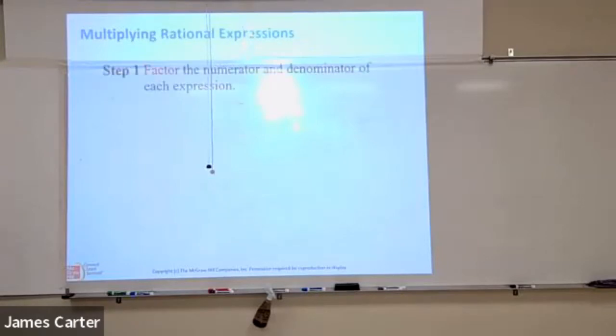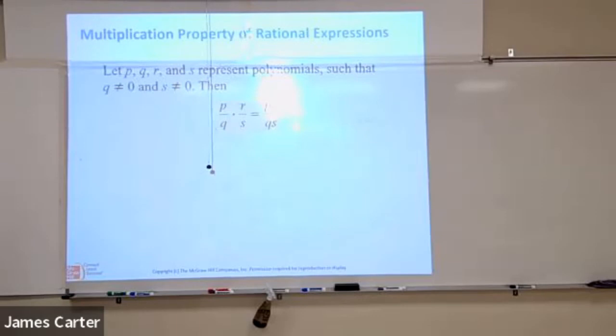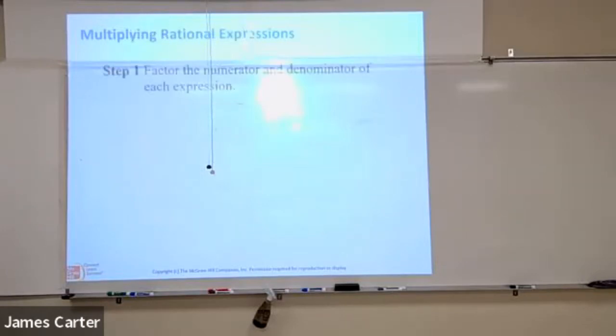Well, that's just simply a rule. If I take this times RS, then I get PR and QS. Numerator times numerator, denominator times denominator.